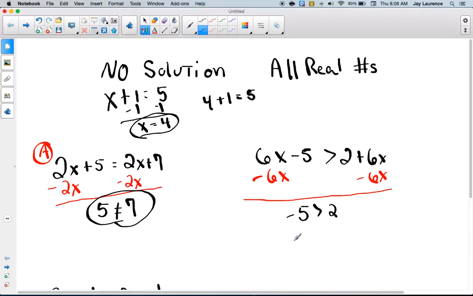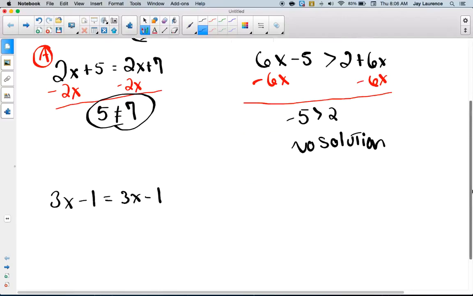This problem has no solution, because -5 is never greater than 2. And you can't say, well, if I add 10 to it. No, because you'd have to add 10 to both sides of the inequality, and so you'd still get a statement that's false.